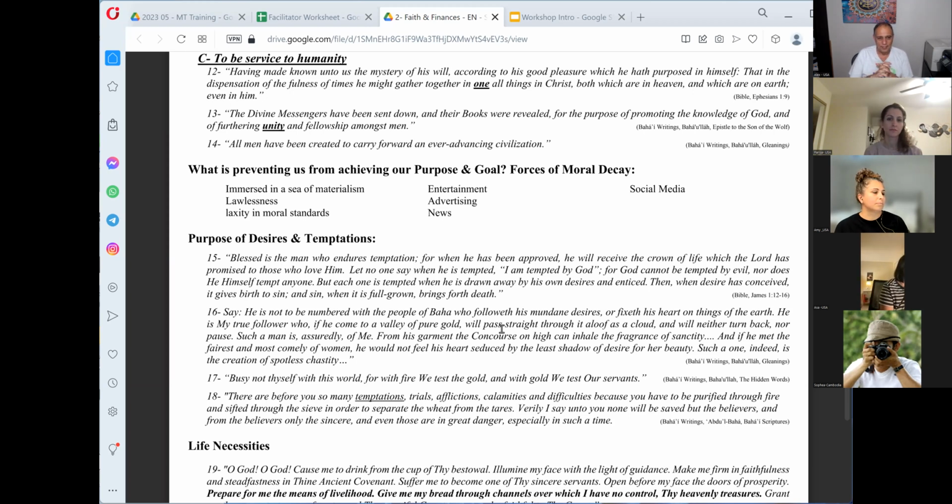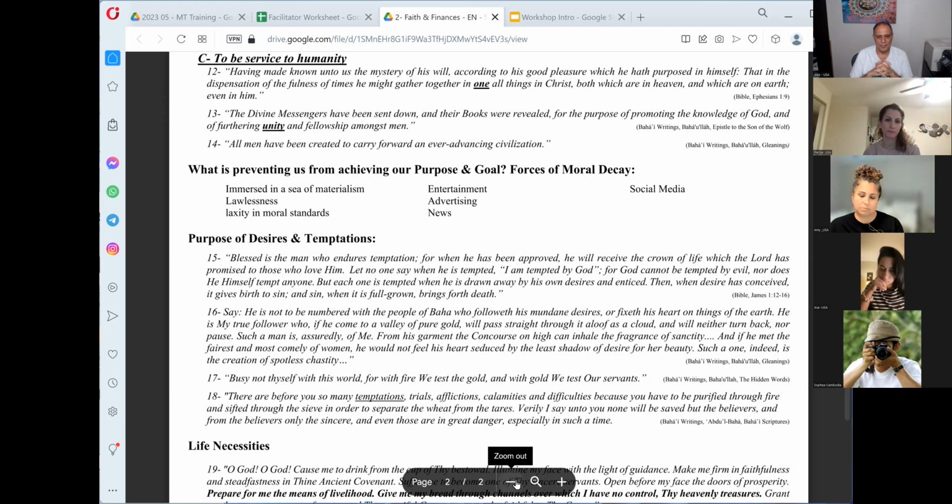Blessed is the man who endures temptation, for when he has been approved, he will receive the crown of life, which the Lord has promised to those who love him. Let no one say when he is tempted, I am tempted by God, for God cannot be tempted by evil, nor does he himself tempt anyone.